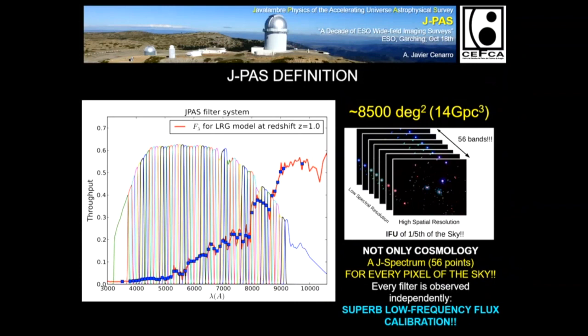Also, because every observation is done independently from the other, the low frequency flux shape of this pseudo spectrum is very robust because you don't have the typical color terms that you have in classical spectroscopy using standard flux and things like that.